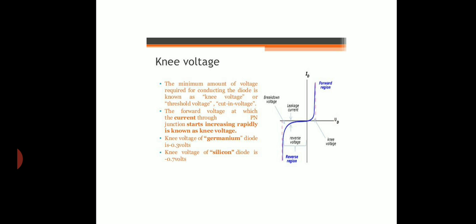The forward voltage at which the current through the PN junction starts increasing rapidly is known as knee voltage. Knee voltage of germanium diode is 0.3 volt. Similarly, knee voltage of silicon diode is 0.7 volt.